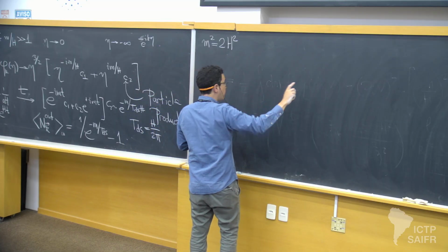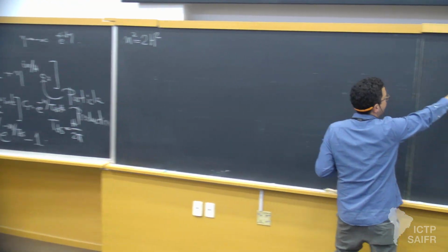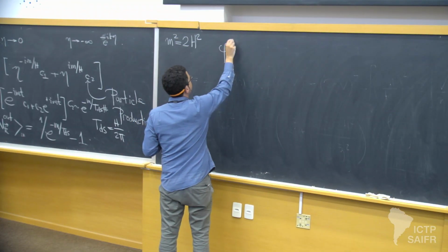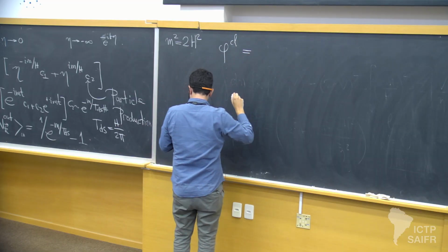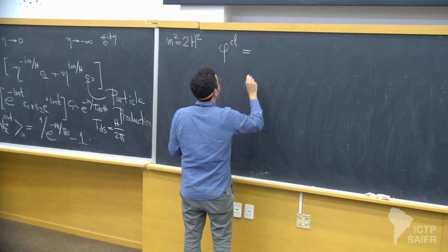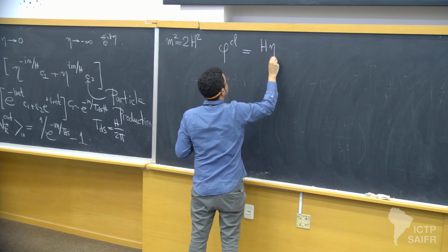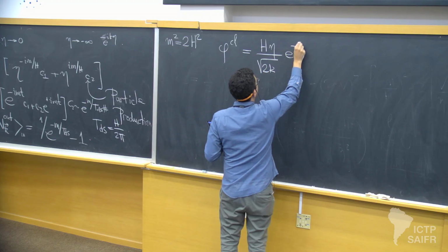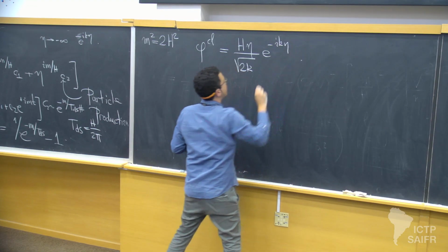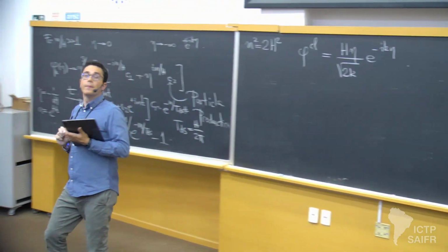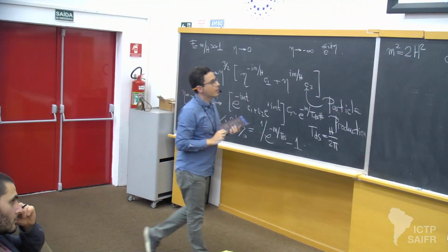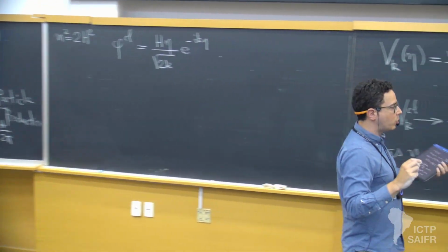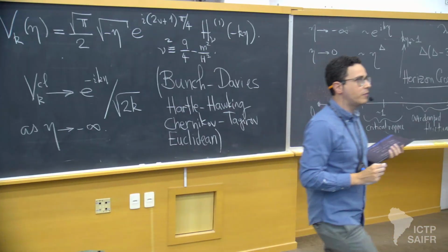That was for this Mukhanov-Sasaki variable. But if I go back to the standard field phi classical, in this case, it's very nice, very simple, very beautiful. It's just given by H eta over root 2k, e to the minus ik eta. Okay, so this we can work with. Very simple. Well, it's very simple because you tune the mass precisely so that you don't even know that you're in curved space, okay?